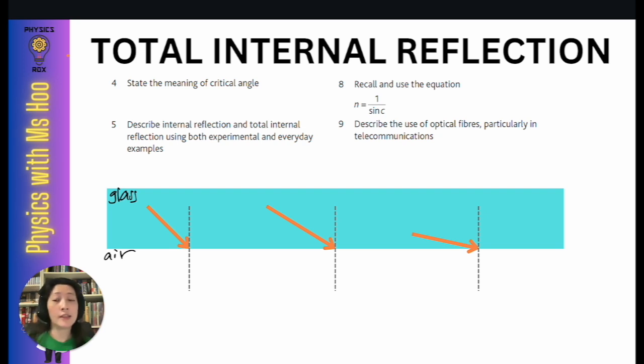Light travels more slowly in glass and faster in air, which means that the light ray will refract away from the normal, correct? And of course, you should know by now that every time light refracts, a little bit of the light will be reflected back into the same medium.